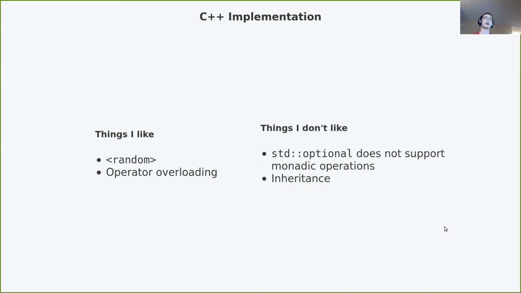Things I don't like: sort functional does not support monadic operations. There is a proposal in place, and also in my personal work, I just use a custom optional implementation instead of std optional, and then I can use monadic operations.